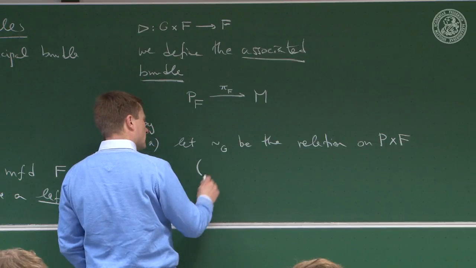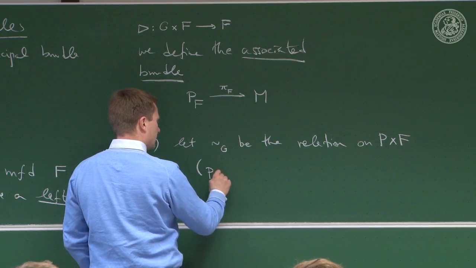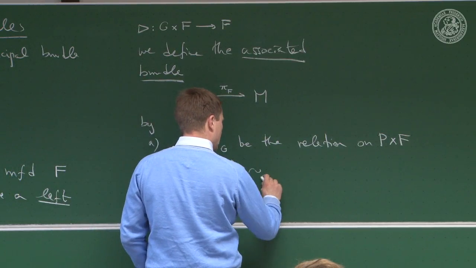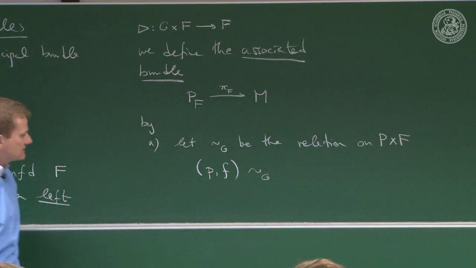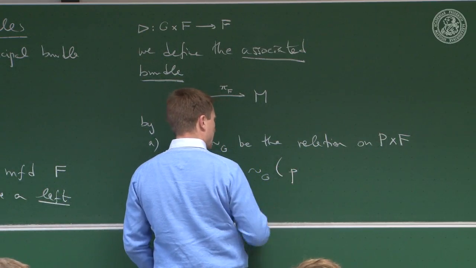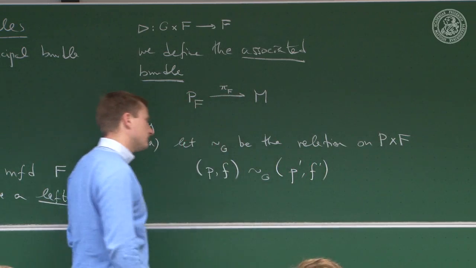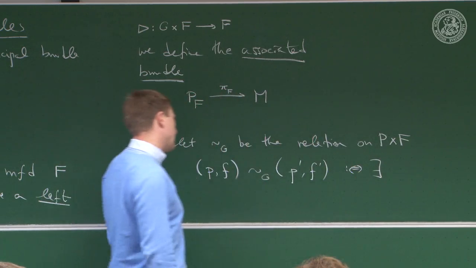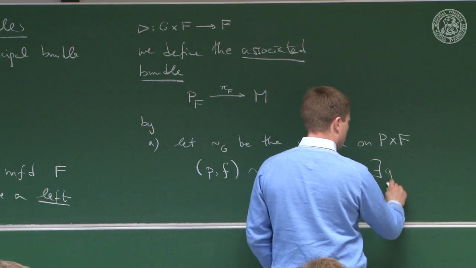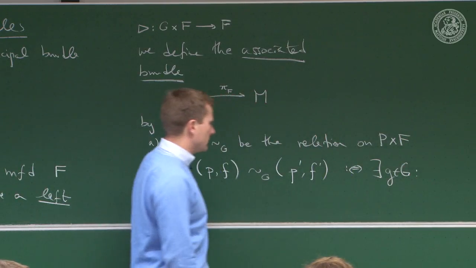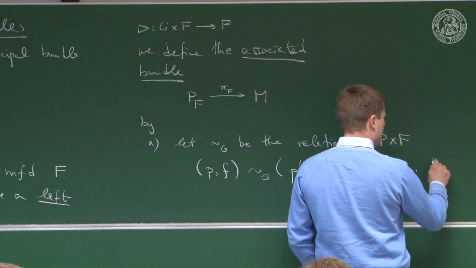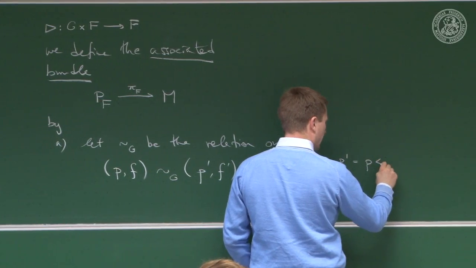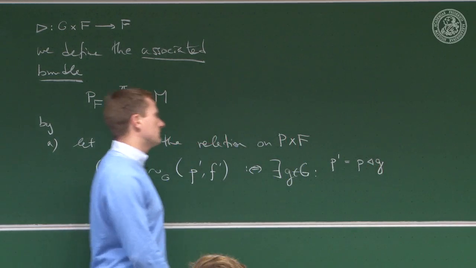But that means on P cross F, we establish that any element (p, f) of P cross F is supposed to be identified by this relation with an element (p', f'), by definition, if and only if there exists a g in G, and now we've got to be careful, such that p' is p acted upon from the right by this g.